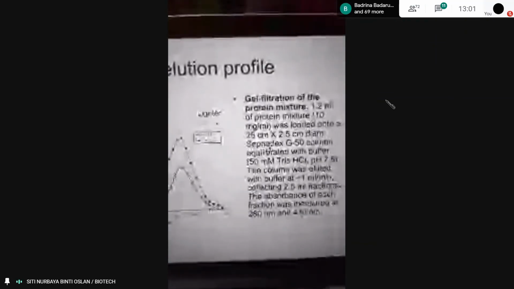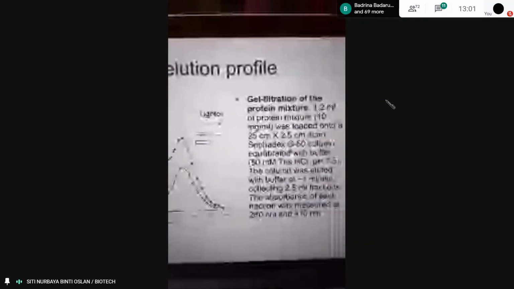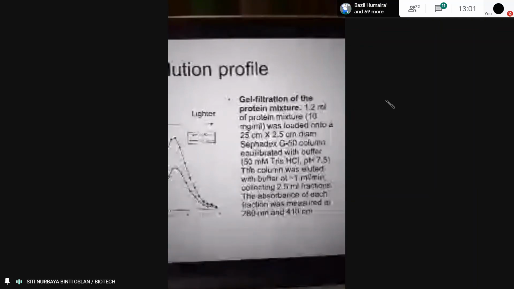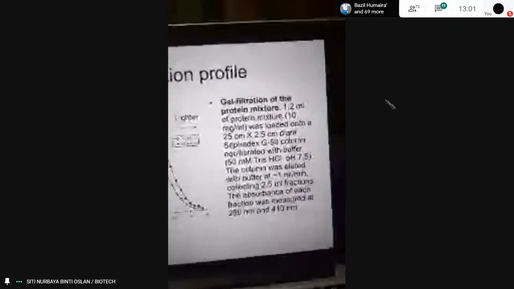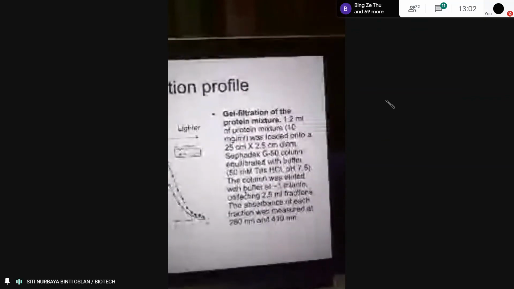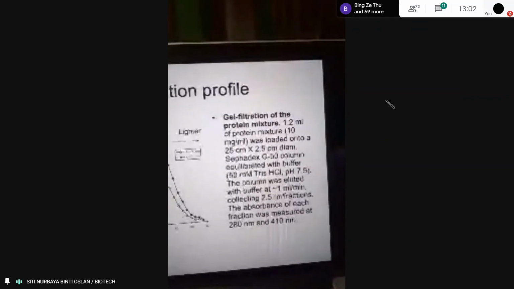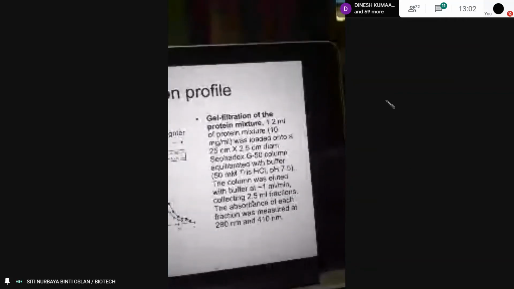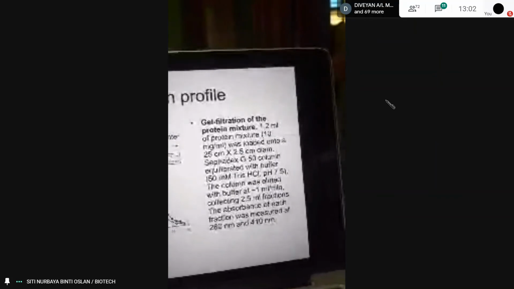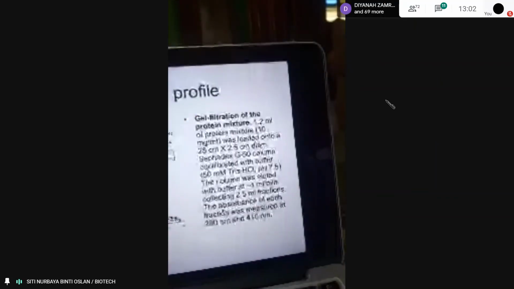This is the type of matrix, Sephadex G50, and this is the equilibration buffer, pH 7.5. The column was eluted with buffer at around 1 ml per minute flow rate, and each fraction collected was 2.5 ml.